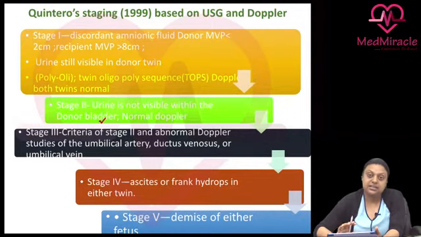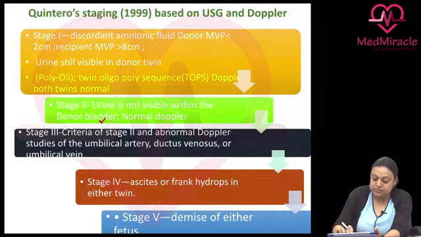In stage 3, there will be Doppler changes in the umbilical artery and the ductus venosus or the umbilical vein of both the donor as well as the recipient twin. In stage 4, there is ascites or frank hydrops in either of the twins.